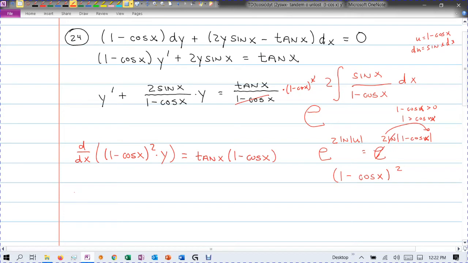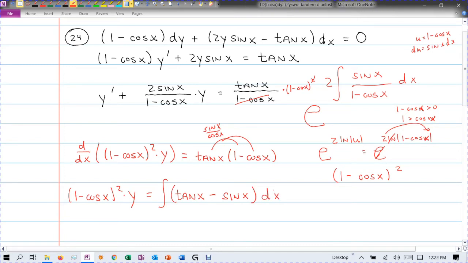Now, integrate the left side, we get 1 minus cosine x squared times y equals, now we have to integrate this. Not quite sure how I want to do this. Let me do it this way. Let's distribute here. So tangent x there, and then minus tangent times cosine, that's sine x over cosine x times cosine x, so that's just sine x dx.